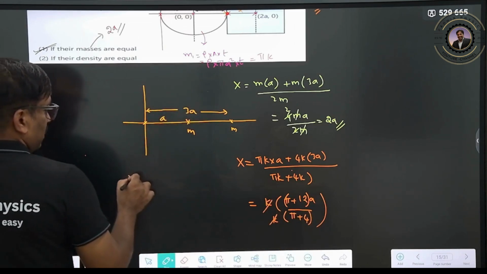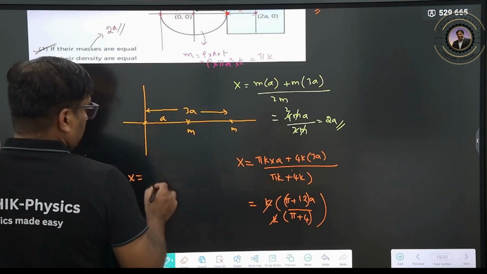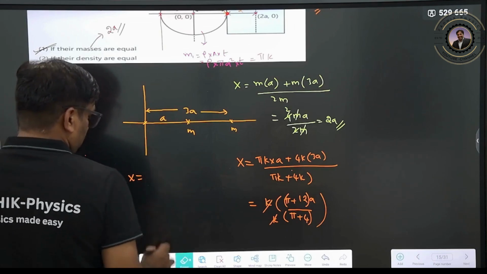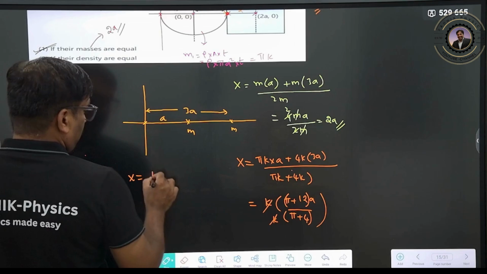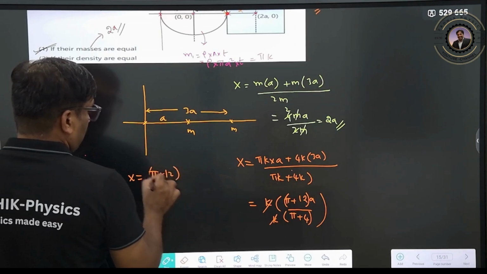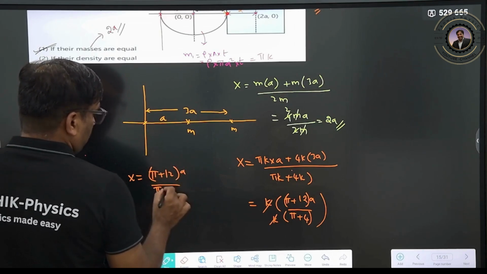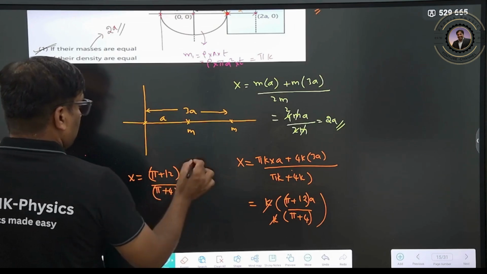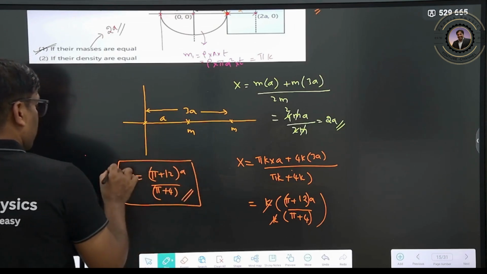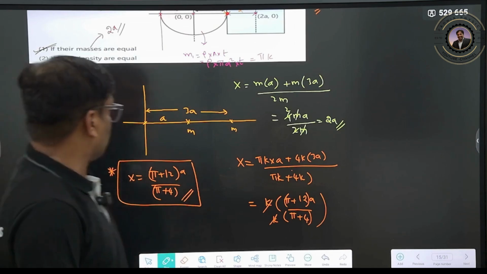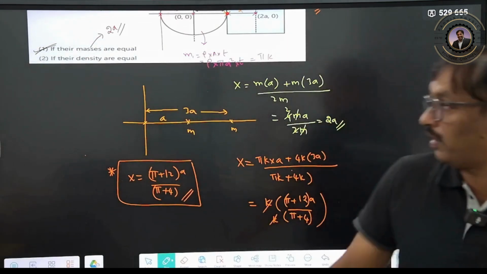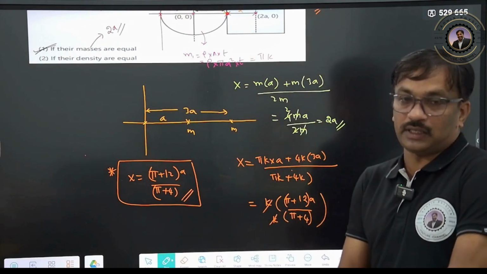So x equals (pi plus 12) into a divided by (pi plus 4). Clear? In this way you can calculate the center of mass when the densities are different. Clear?